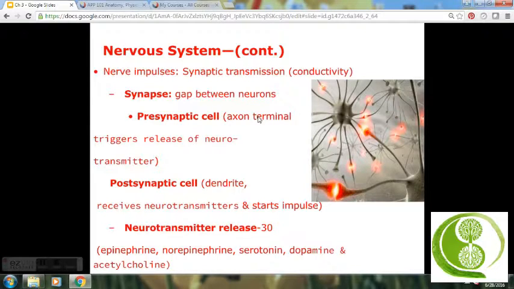So the axon terminal triggers a release of neurotransmitters for the presynaptic, and then the postsynaptic cell, which is typically the dendrite, is going to receive the neurotransmitter and start that impulse.